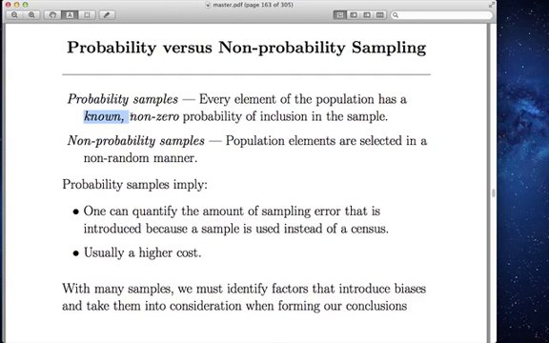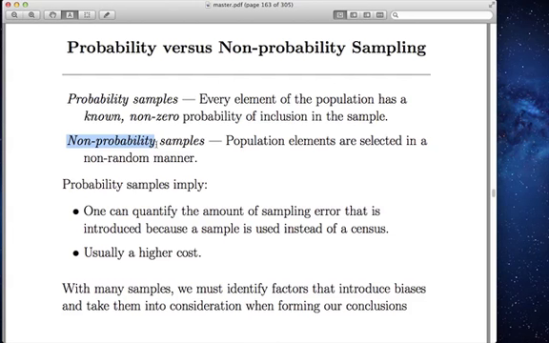The other type of sample in this world is a non-probability sample. That's everything else. Now, why do we care about this distinction? We care about this distinction for the following reason.